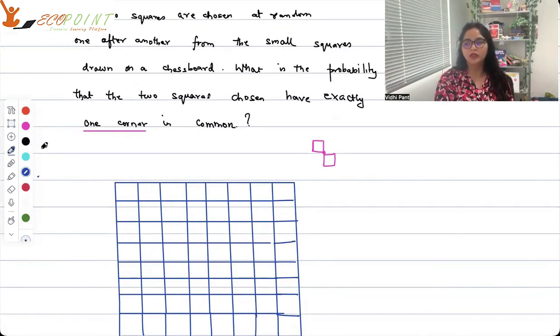Whenever you have a question associated with a chessboard, there are three important points from the point of view of visualization. Just observe this square. This is the cornermost square.